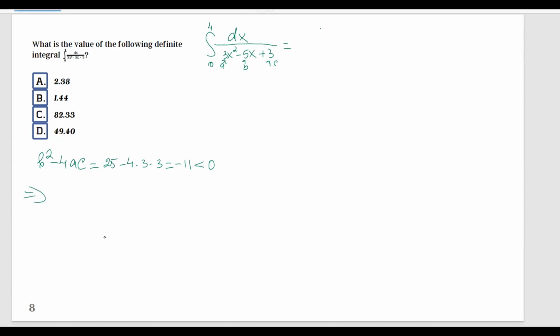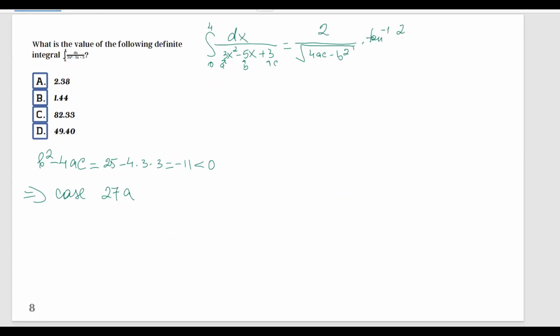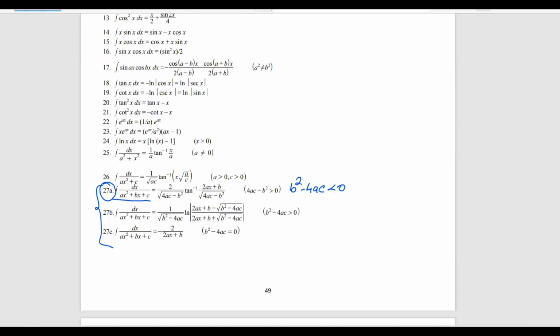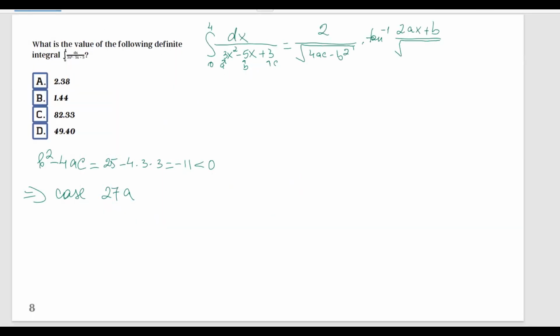So this results in case 27a in the FE handbook: 2 divided by the square root of 4ac minus b squared multiplied by tangent minus 1 of 2ax plus b over, and at the bottom is the square root of 4ac minus b squared.